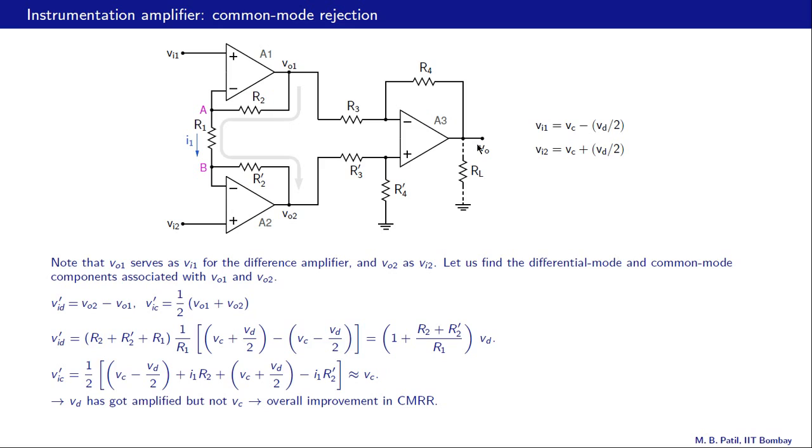So therefore the output voltage would be R4 by R3 times VO2 minus VO1, and the common mode component of VO1 and VO2, which is VC, will get cancelled out, and we will get an amplified version of this quantity at the output. So at the output we will have no common mode voltage at all, and therefore the CMRR of the entire instrumentation amplifier would be infinite.